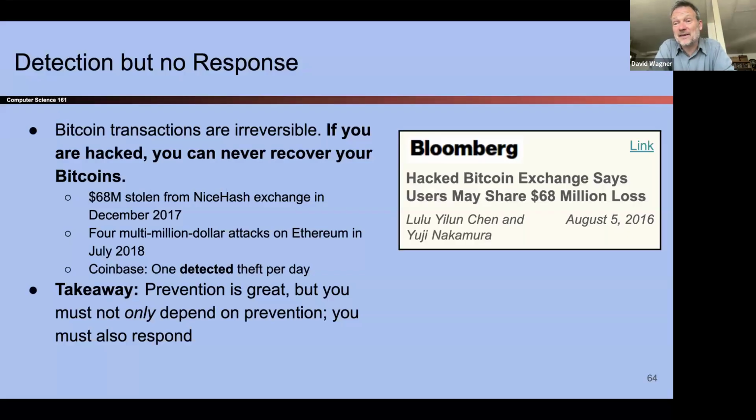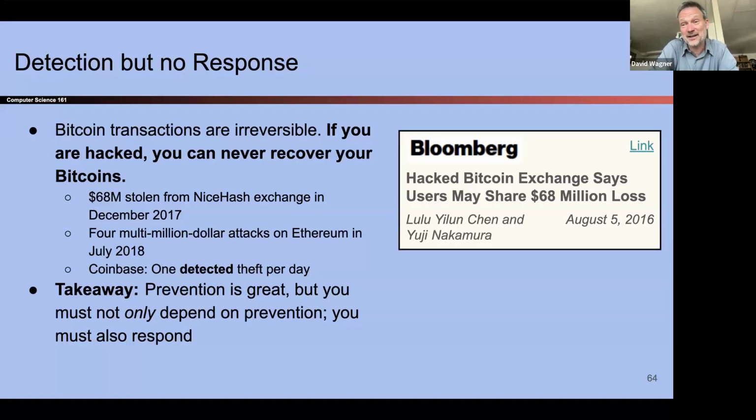An example of a violation of this principle would be Bitcoin, sending money through cryptocurrency. Bitcoin transactions are irreversible. If someone steals money from your wallet, it's gone. You're never getting that money back again. And exchanges in particular have suffered a bunch of large breaches.